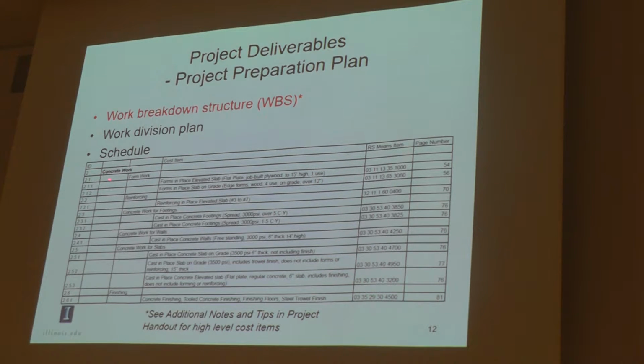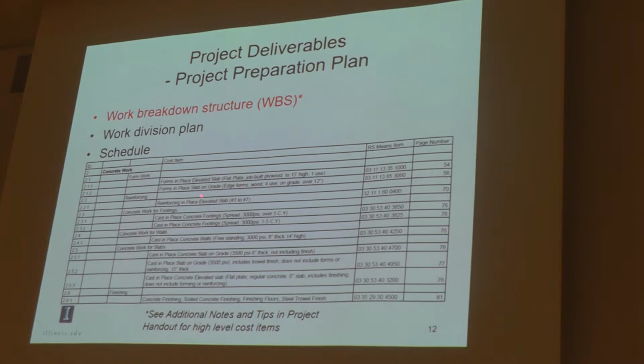So this is an example WBS. Here, as you can see, the top work is concrete work, and we break down the concrete work into formwork, reinforcement, and finishing, etc. And for the formwork, we go into more detail. We have forms in place for elevated slab. We have forms for slab on grade.